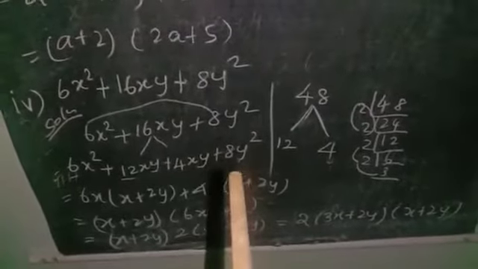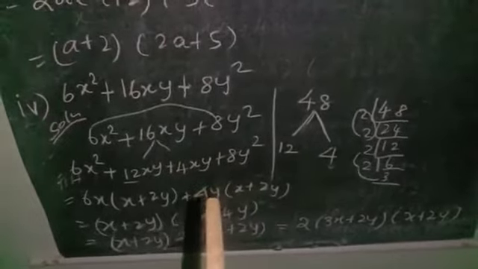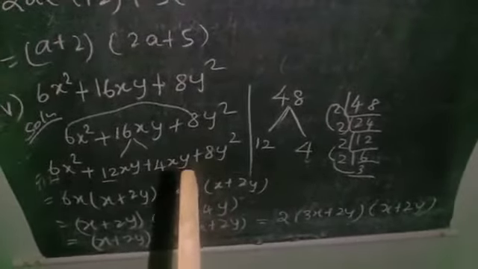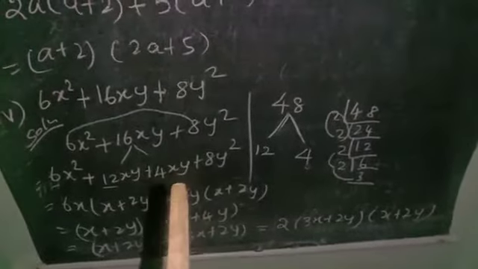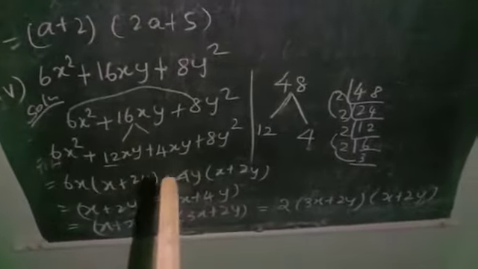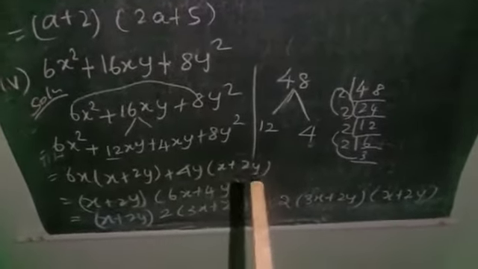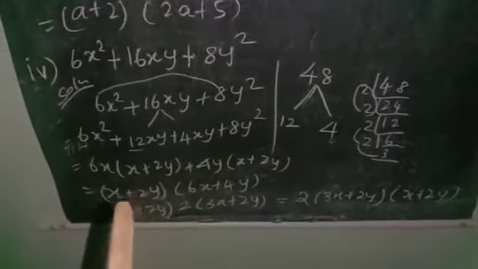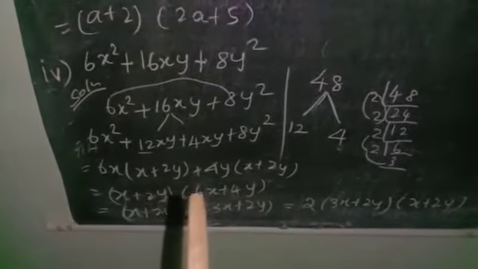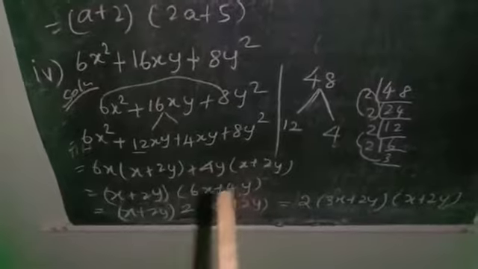Then for the third and fourth terms, what is the common? 4y. So we take 4y in common outside, then we get x plus 2y. So 6x into x plus 2y plus 4y into x plus 2y. First we write the common factor x plus 2y, then the balance factor 6x plus 4y.